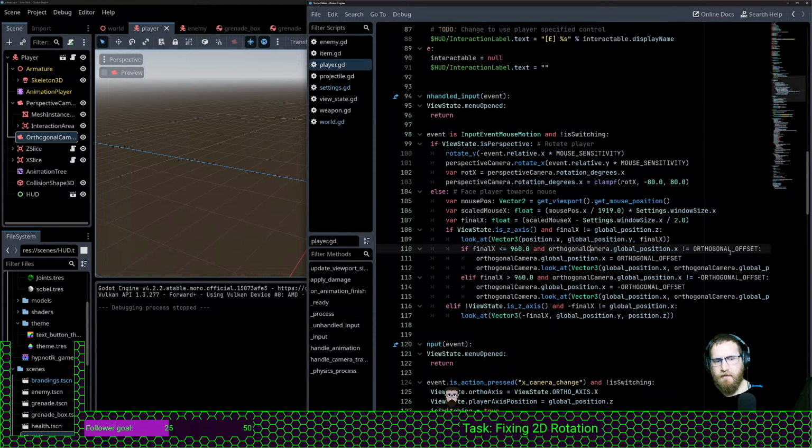But for some reason, it flips things when it shouldn't flip things. It's because the offset of the orthogonal camera is wrong.